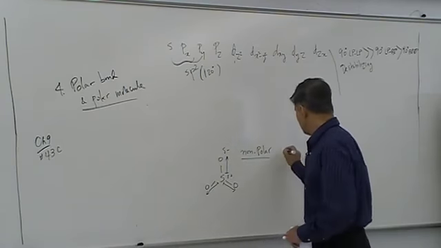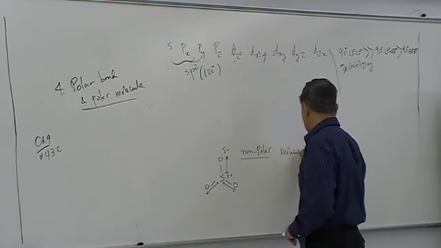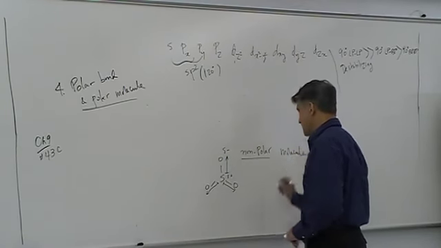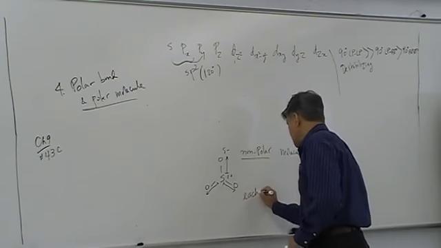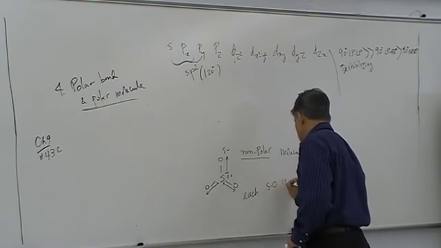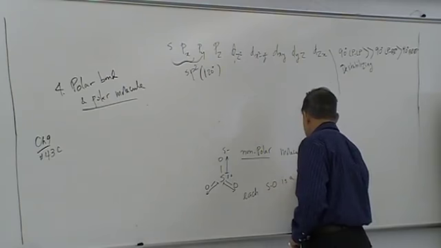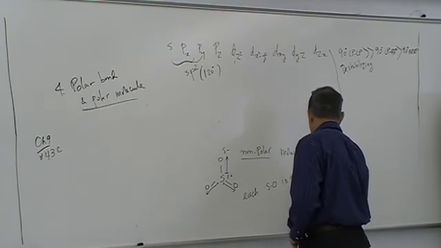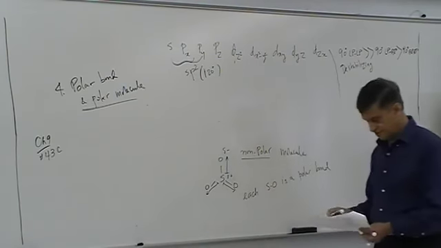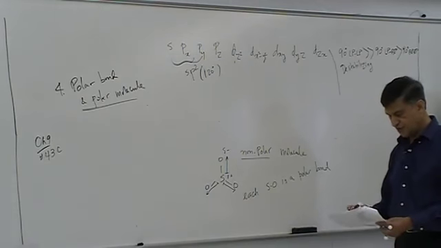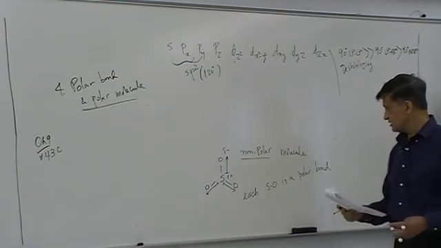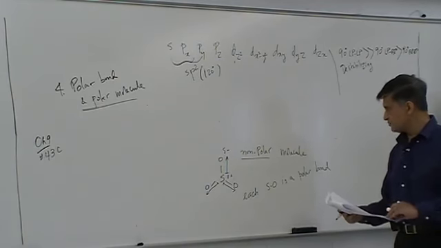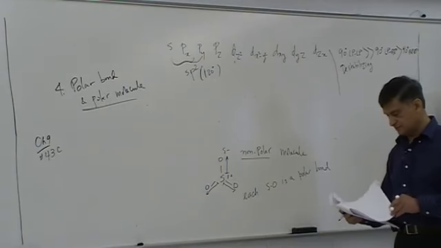So a nonpolar molecule, but each SO bond is a polar bond because of the electronegativity difference. So make sure you understand the difference between polar bond and nonpolar bond, polar molecule and nonpolar molecule.